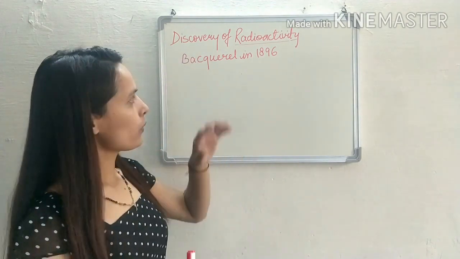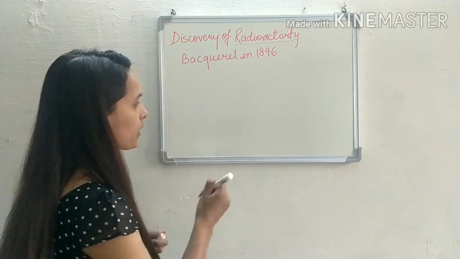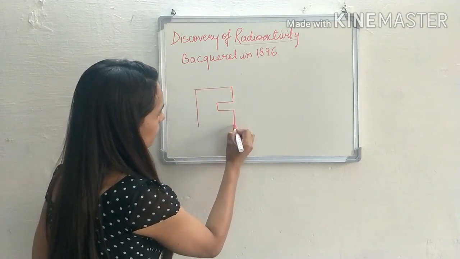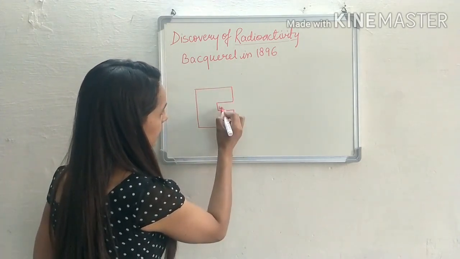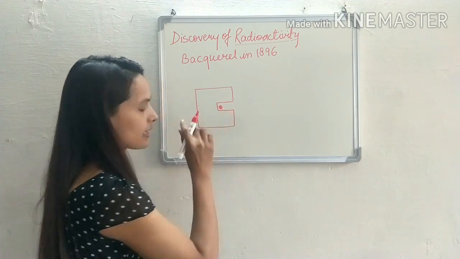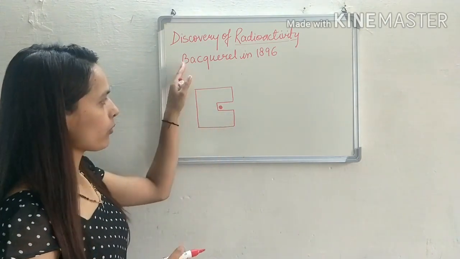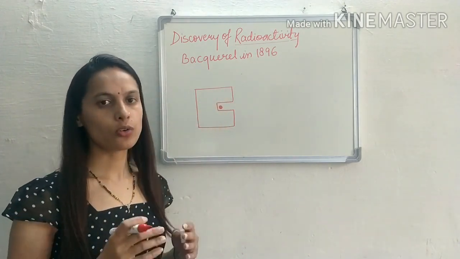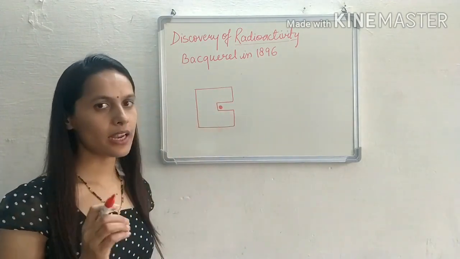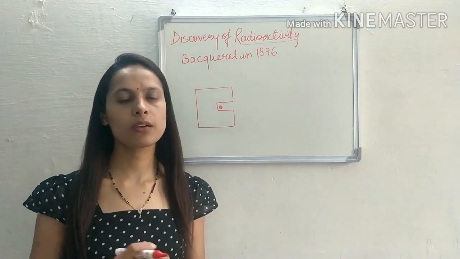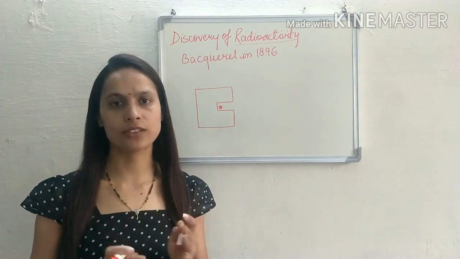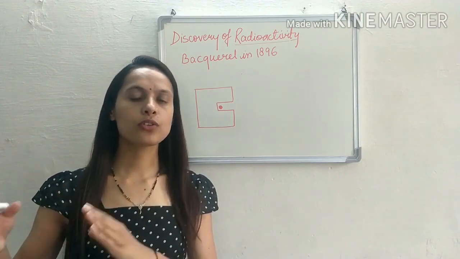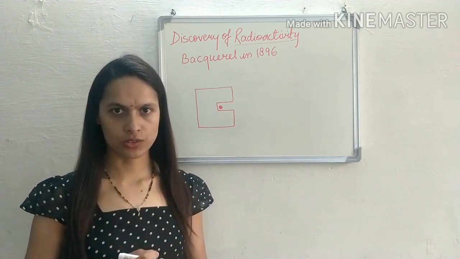So what Becquerel did, Becquerel took a lead block. In the lead block he made a cavity and he placed the radioactive element in that cavity. It may be uranium, thorium, radium, etcetera, means those elements which are capable of producing or emitting radiations.